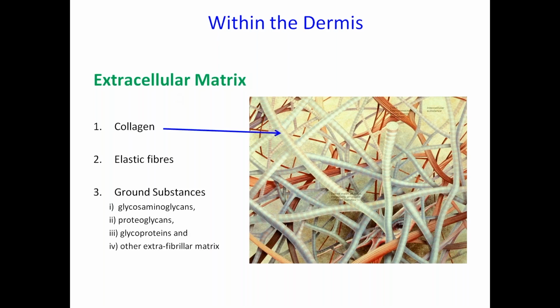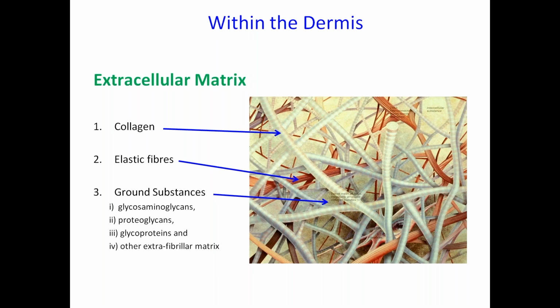So we have the collagen I've just illustrated, we have elastic fibers which allow the skin to recoil, and we have ground substance which has a lot of proteins in there, which we now realize, which we didn't maybe even 10 years ago, actually interact with collagens and help provide manufacturing of collagens, which we call fibrillogenesis.